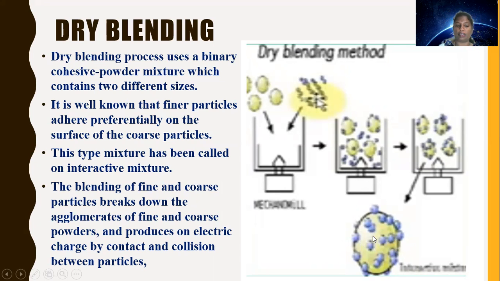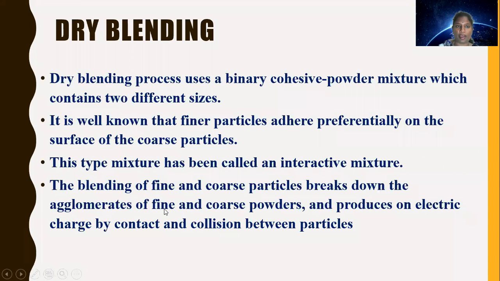The blending of the fine and coarse particles breaks down the agglomerates of the fines. So the fines will attach to the coarse particles, and no granules will be formed. The blending process happens like this.